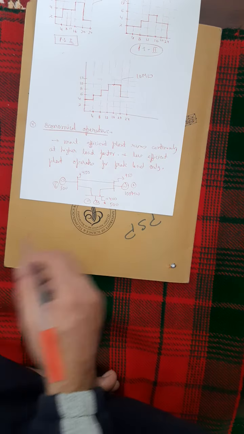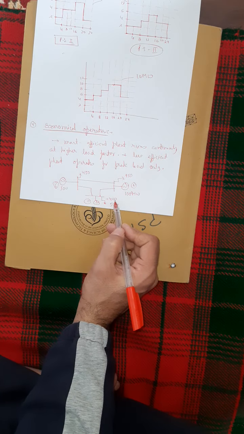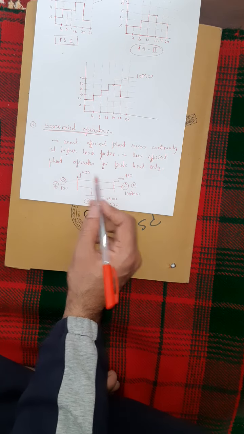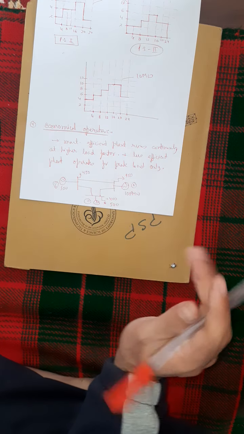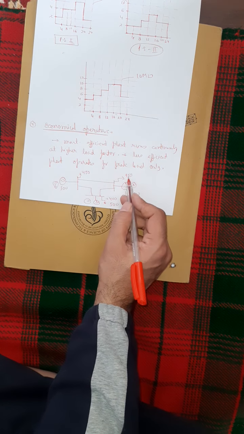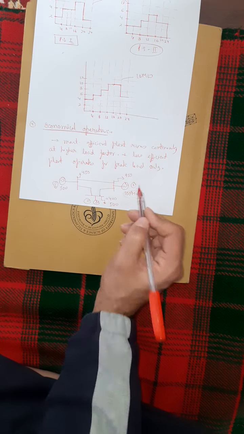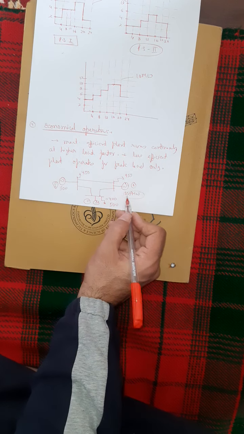So the total load is 400 plus 450 plus 950, which is 1900 megawatt, and the generation is 2000 megawatt. Though the load on this power station is 950 megawatt, I will operate it at 1000 megawatt, its full capacity, because it is the most efficient.